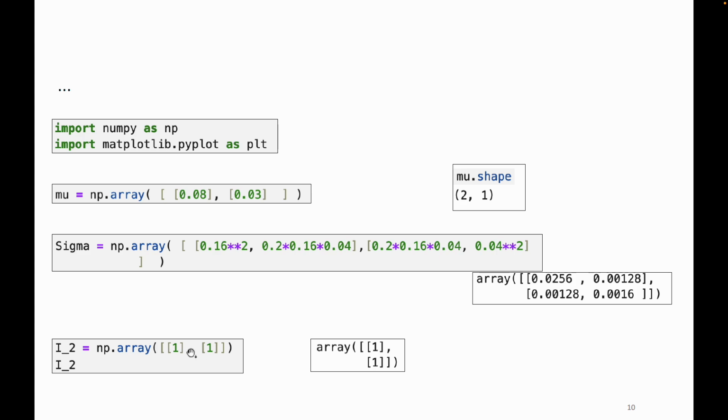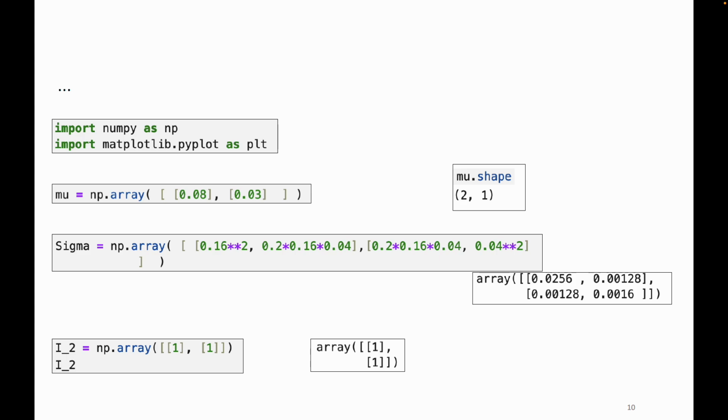The comma here is moving into the next row. And for readability, I like to call that capital I underscore 2. Like in the English language, the capital I stands for identity. And if I do underscore 2, it reminds me it's a column vector of dimension 2.